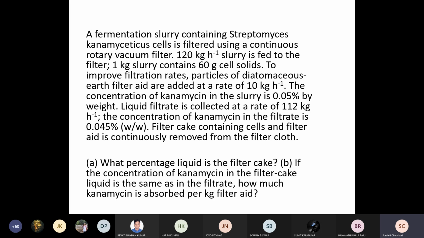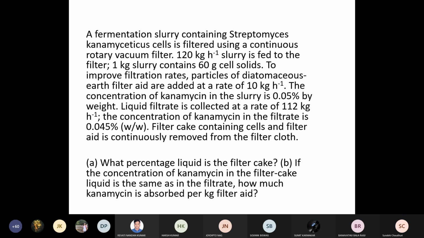In filtration, what has happened? Some solid gets deposited on the filter and then the filtration becomes a little slow. So we are adding some filter aid so that our filtration is fast. And that we are adding at a rate of 10 kg per hour. That is another solid which is added.